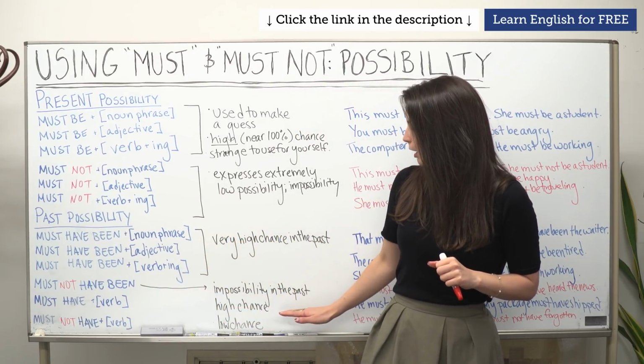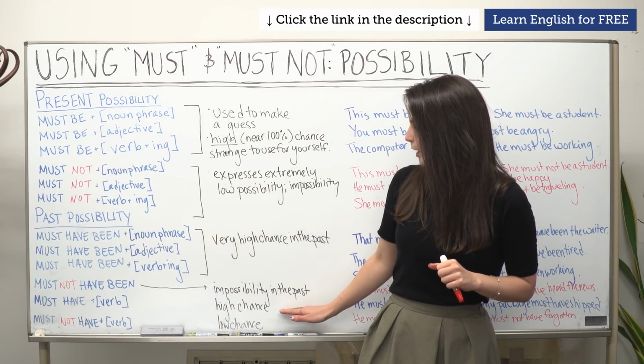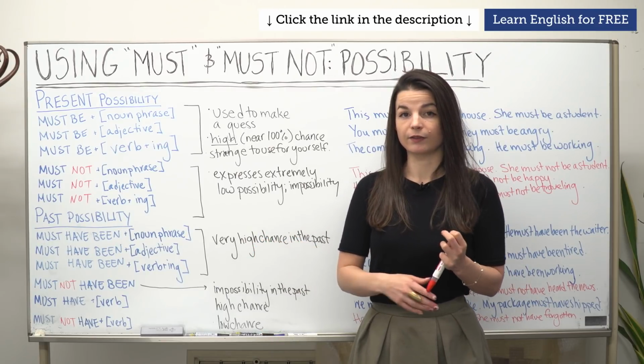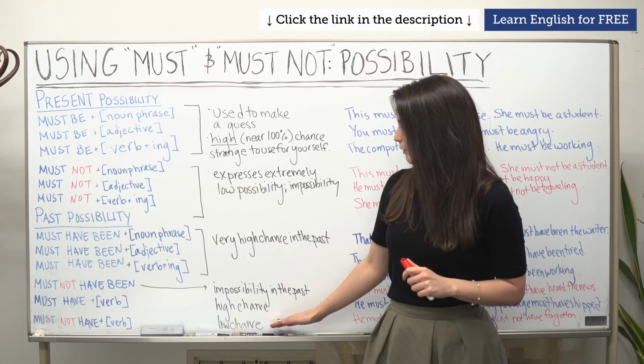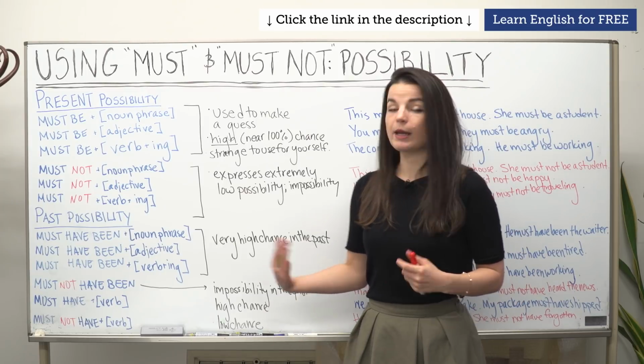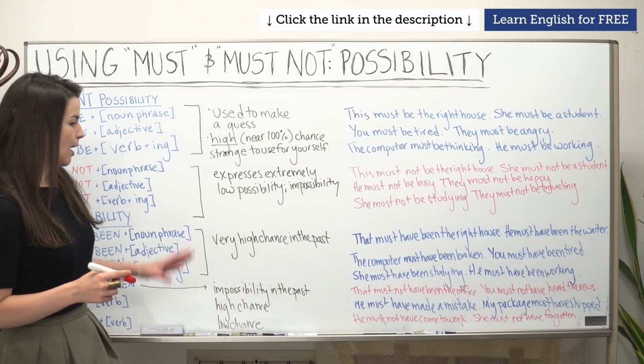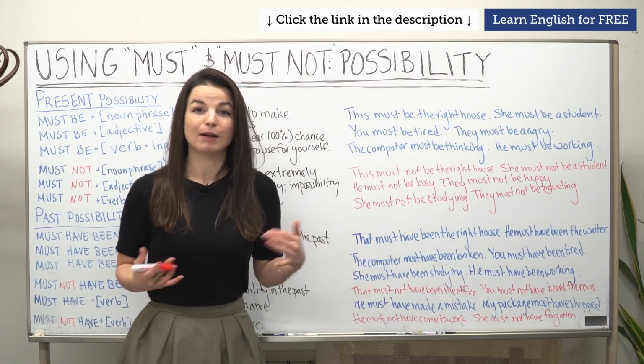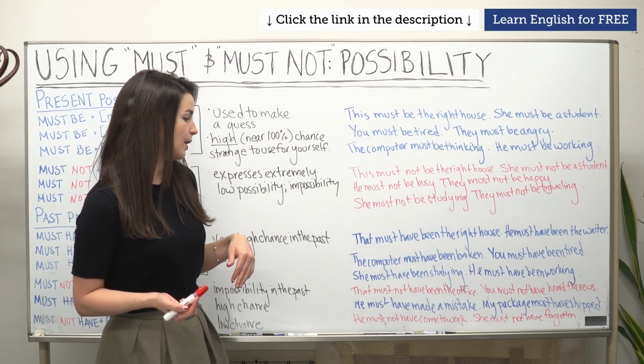But again, the positive form expresses a high chance, a high level of possibility, and the negative form expresses a low chance, so impossibility. So let's take a look then at how we use a verb after must and must have in the past.